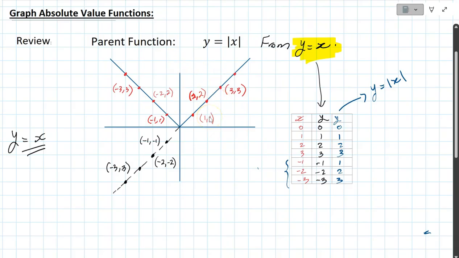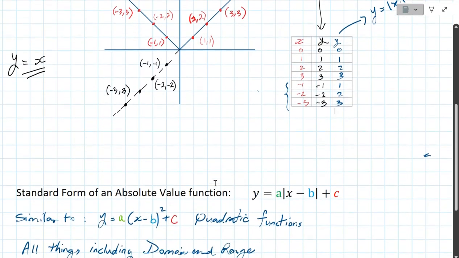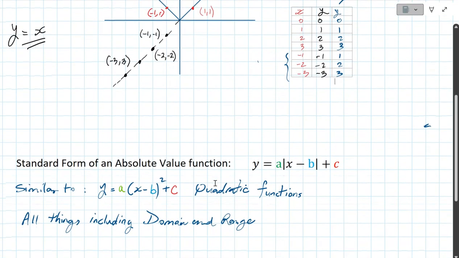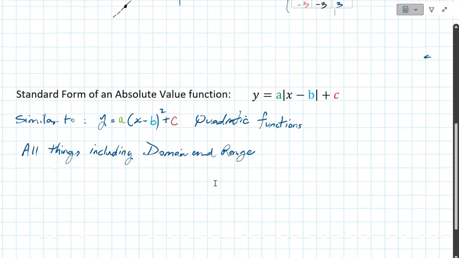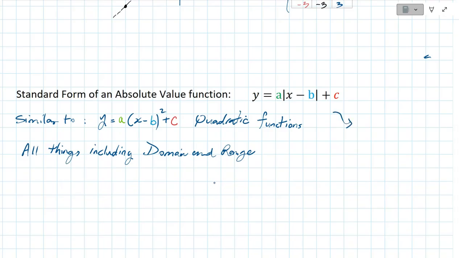That's the review. Now let's go ahead and look at the standard form of an absolute value function. I have to make a note here: this is based on the linear function y equal to x, where the parent function is y equal to absolute value of x. Because in later videos, at least one more video that I'm going to do on this, you can use the absolute value as an operational transformation.